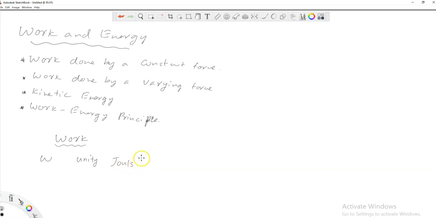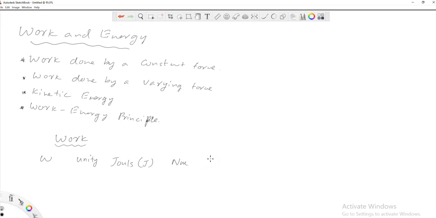So joules indicated by J, and also there's another unit for work which is Newton meters, and joules and Newton meters are the same, they're equal. It's the same unit, just a different name.